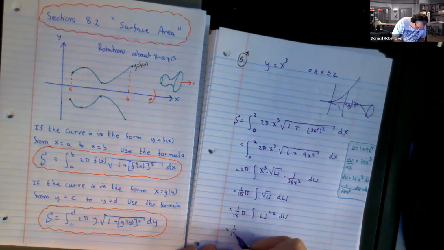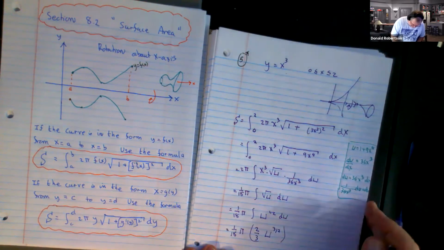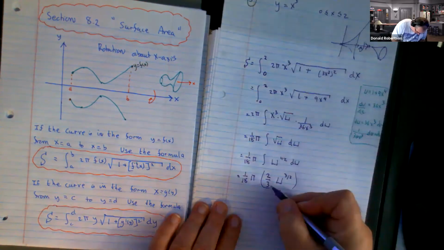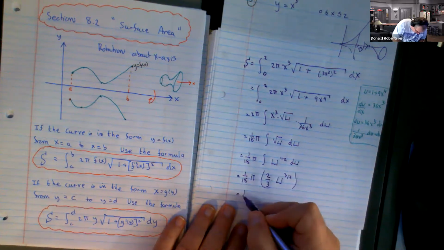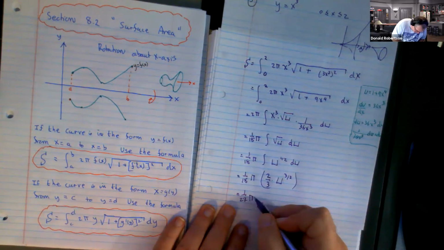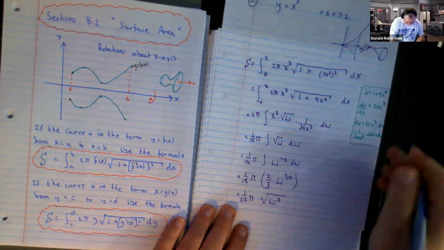That means we can now do the power rule, which is essentially add 1 to the power and then divide by the new power. If I tidy up these fractions, the 2 and the 18 gets me now 1/27 pi. And the u to the 3 halves, I'm going to rewrite it as that guy.